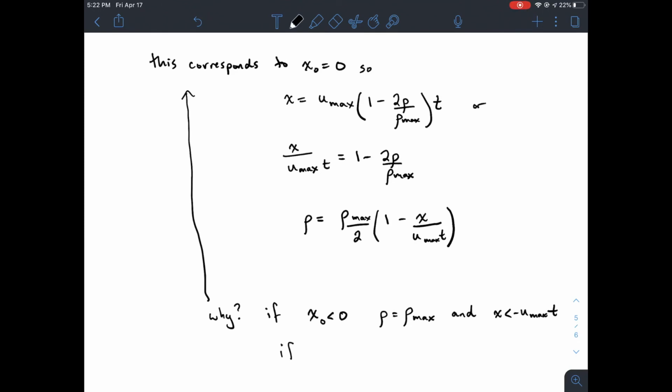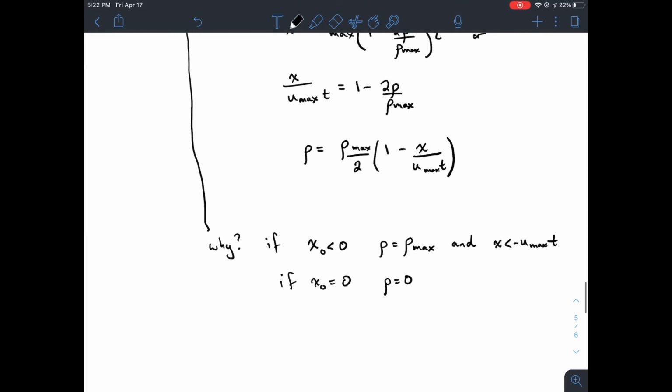From rho max to 0, right? That's where that original jump happened at x equals 0. Okay? So, wait, hold on, that's not what I want to write. I want to write that one down in the next part.